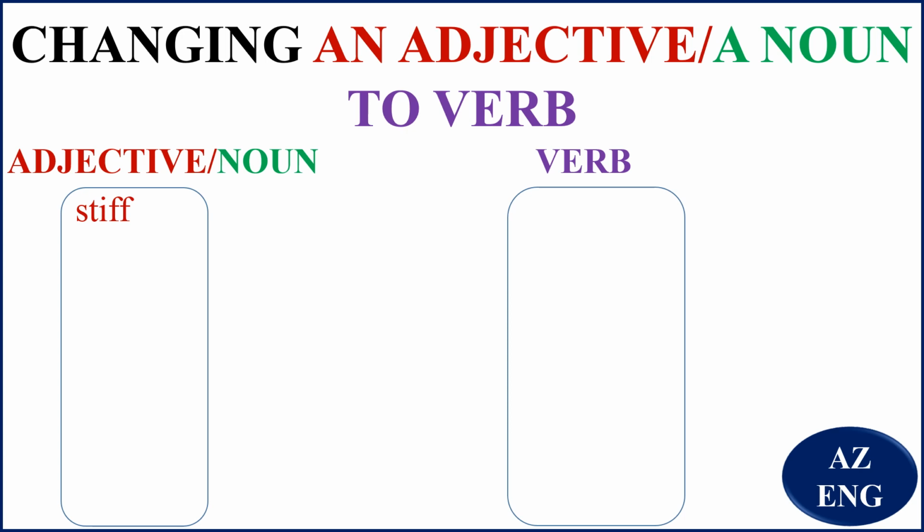That is, you understand. So for you to make them so, what do you say? You stiffen them. Or we say what? My clothes have stiffened. That is, they have become so strong that it's not easy for you to fold them, especially if you iron your clothes and apply starch on them.